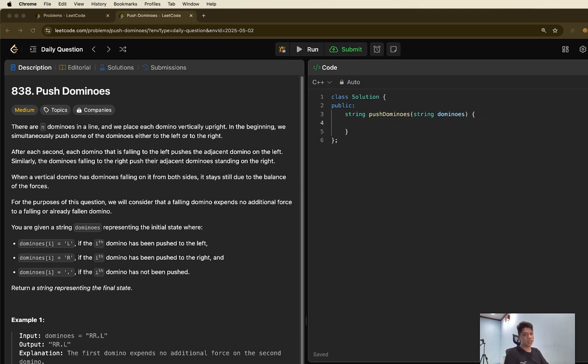So we only need to care about the case where two continuous characters are R then L. So the dominoes between these two fall toward each other, falling into the middle. Yeah, falling into the middle.